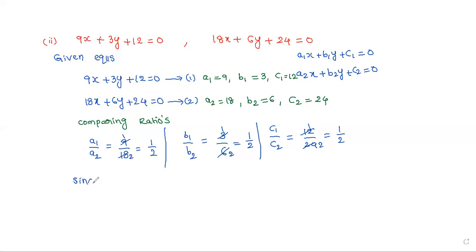Since A1 by A2 is equal to B1 by B2 is equal to C1 by C2, therefore they are coincident lines.